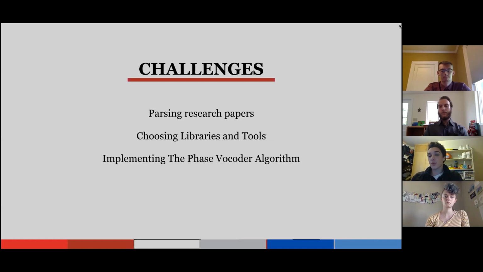And we ended up benefiting a lot from identifying one specific paper that showed a more challenging piece of the phase vocoder algorithm, which was the specific phase shifting of the various pitches once the FFT has been applied.